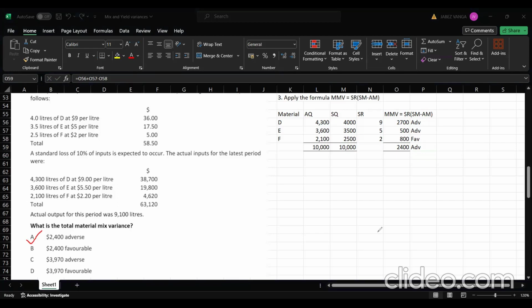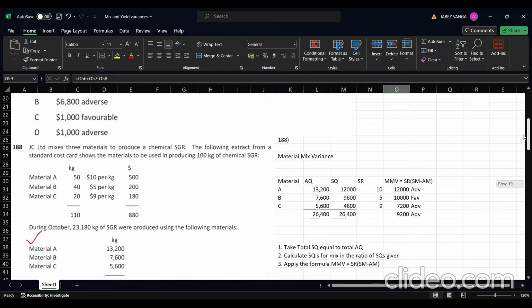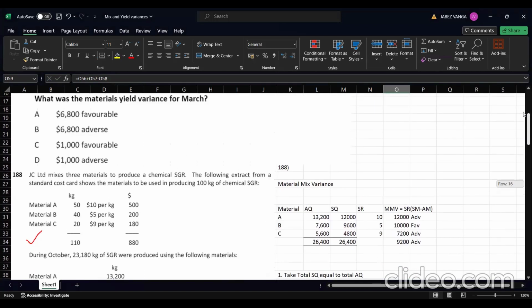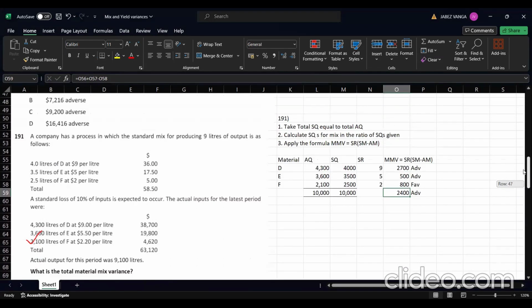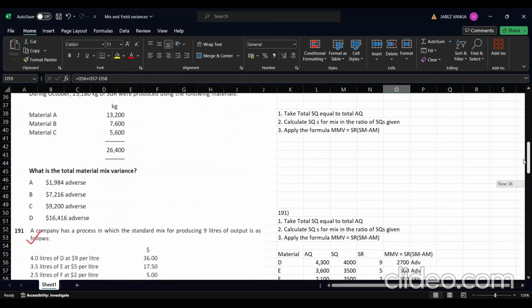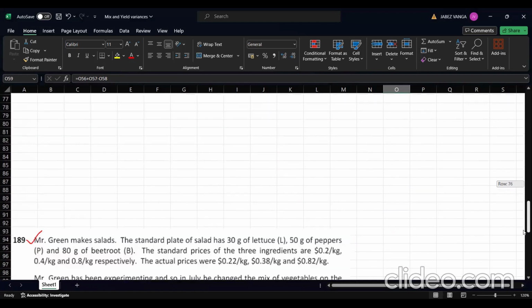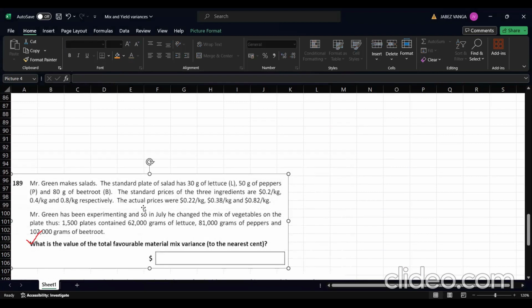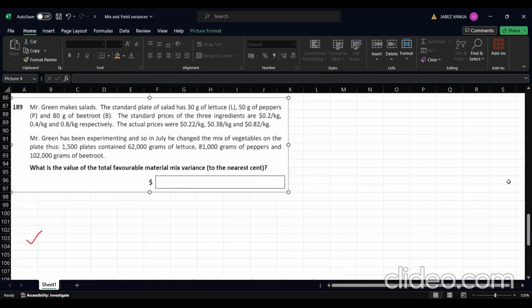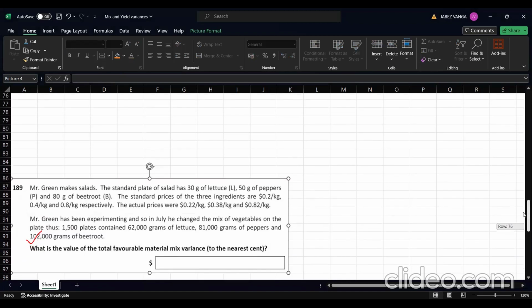Let's also quickly solve one more question on material mix variance to have a better hold on the content. We have question 189. That's also a material mix variance, so let's solve this one quickly.